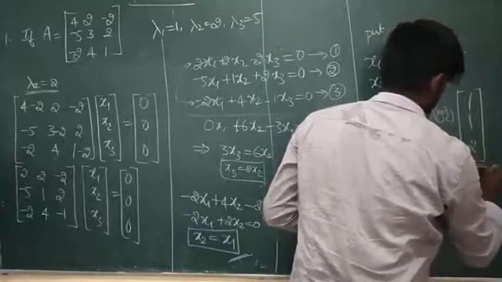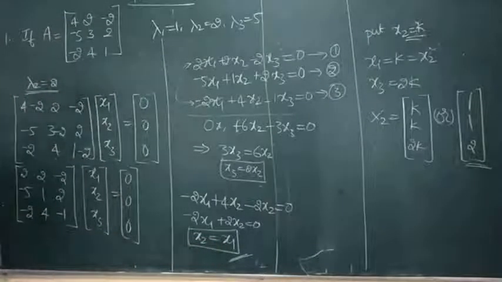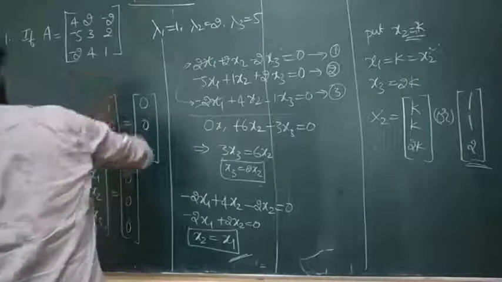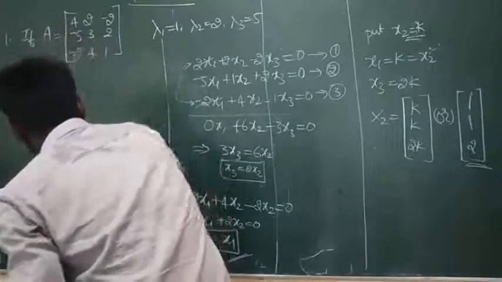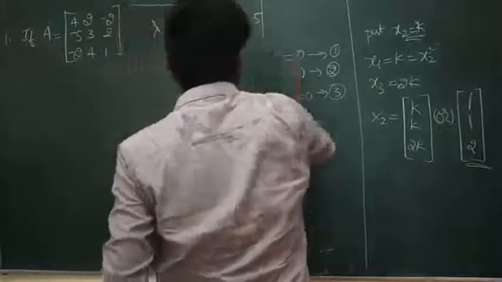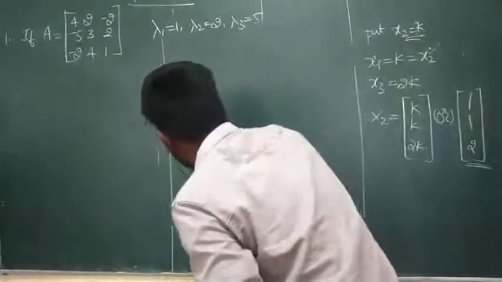This is the eigenvector corresponding to the eigenvalue lambda 2 equal to 2. Now we find the eigenvector corresponding to the eigenvalue lambda 3 equal to 5. Substitute 5 in place of lambda in the characteristic polynomial.